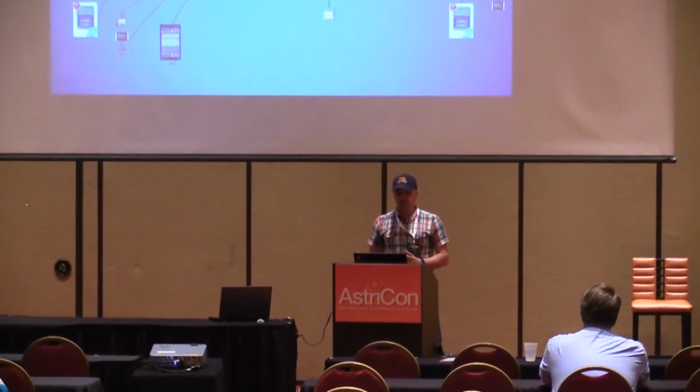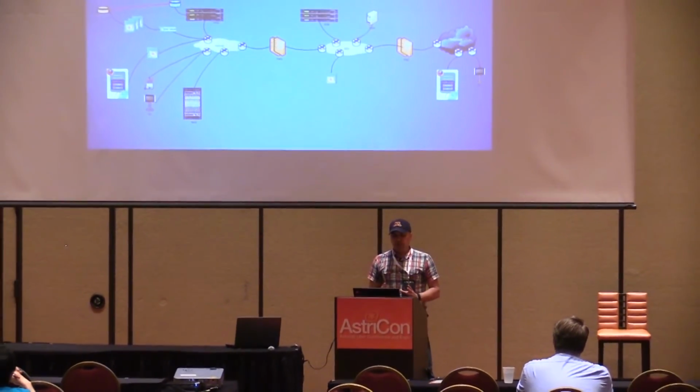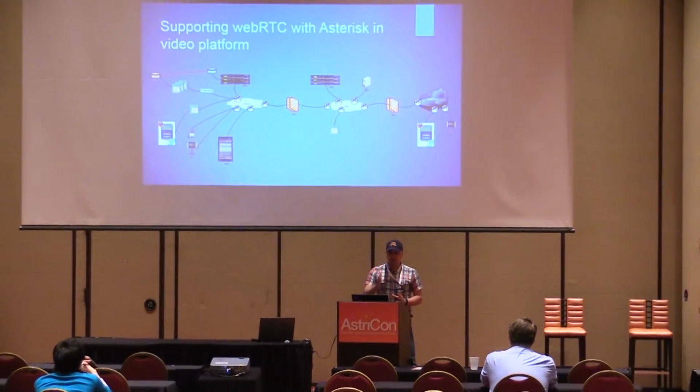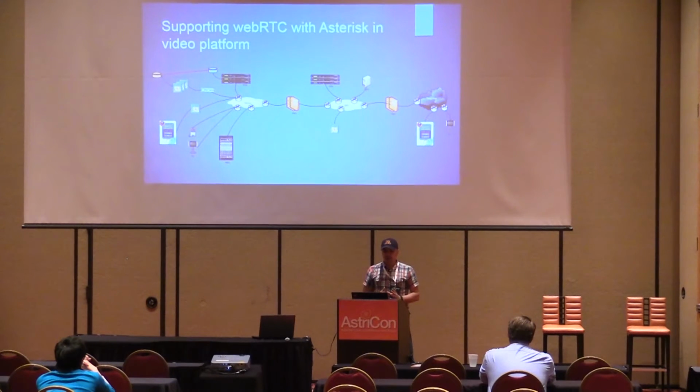The external one, the DMZ box, talks directly through the SIP trunk to the VCS cluster, Video Communication Server cluster. And the internal one does the same thing through another SIP trunk to the internal VCS cluster.